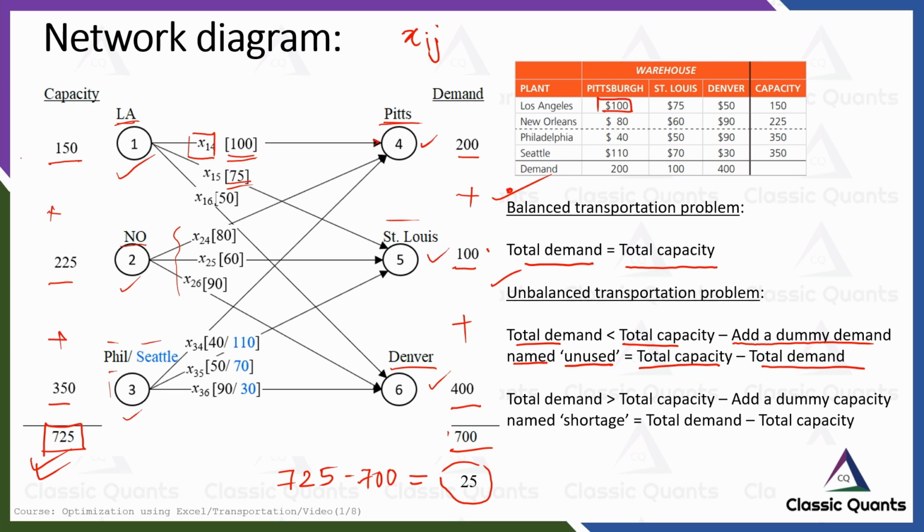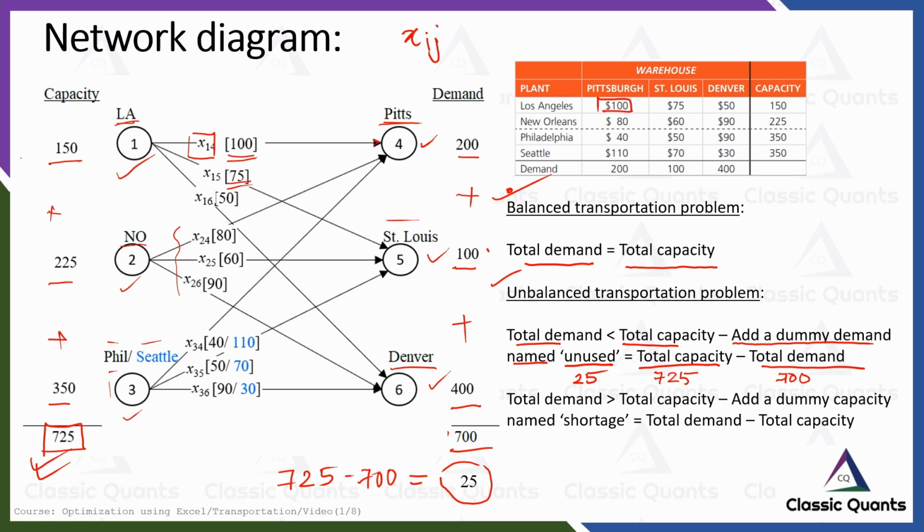Like in this case, you have a total capacity of 725 and total demand 700. So you will define a dummy demand center called unused, and the demand for that dummy demand center will be the difference, that is 25.